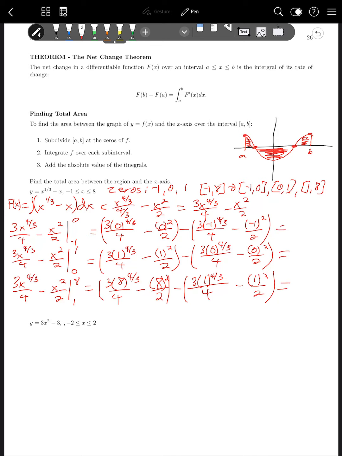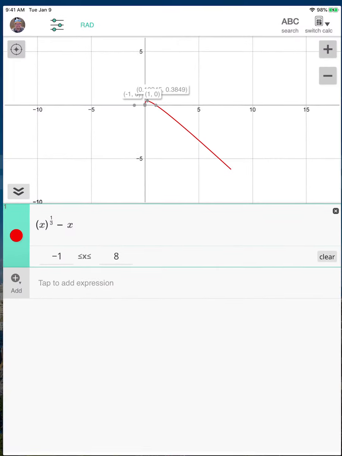So let's see. What are we going to get for those? Well, let's just go ahead and plug that into our calculator now.